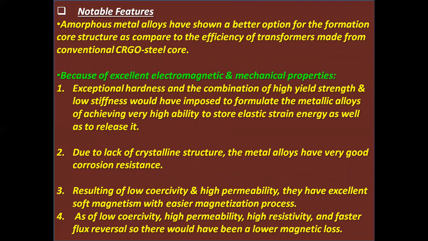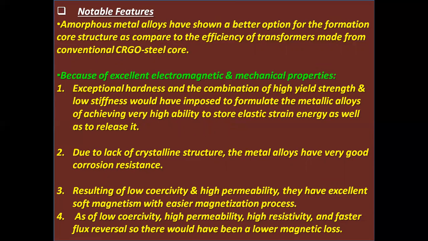Notable features. Amorphous metal alloys have shown a better option for the core structure as compared to the efficiency of transformers made from conventional CRGO steel core.